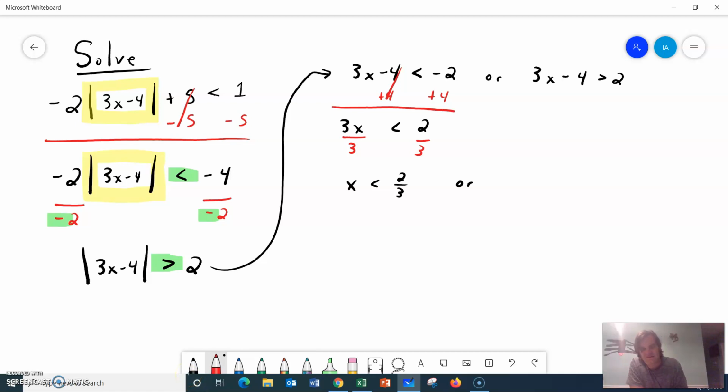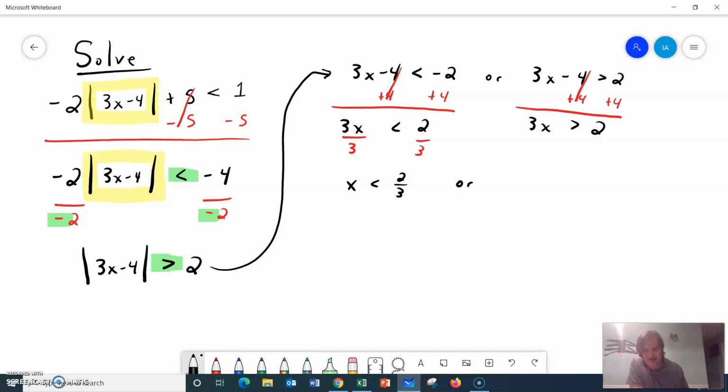So we have 3x minus 4 greater than 2, so we'll add 4 to both sides to work on getting x by itself. That'll give me 3x greater than 2. And let's see, did I mess something up there?